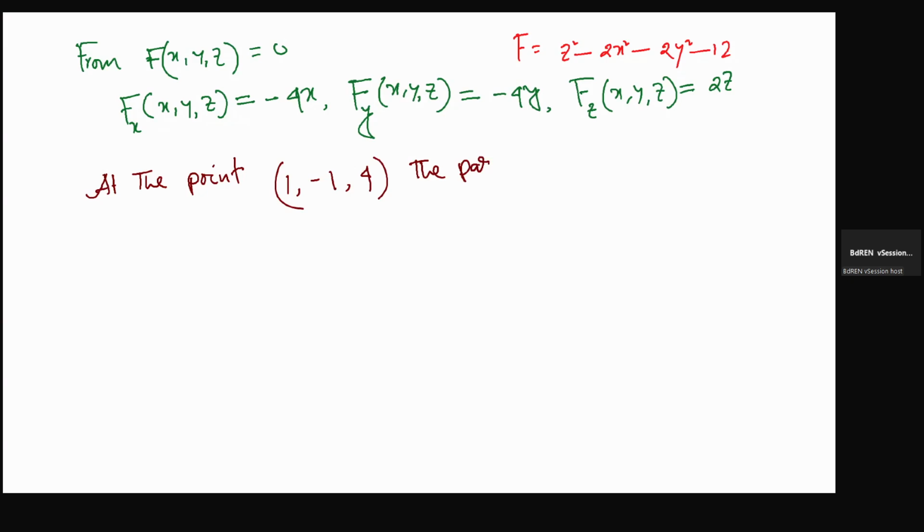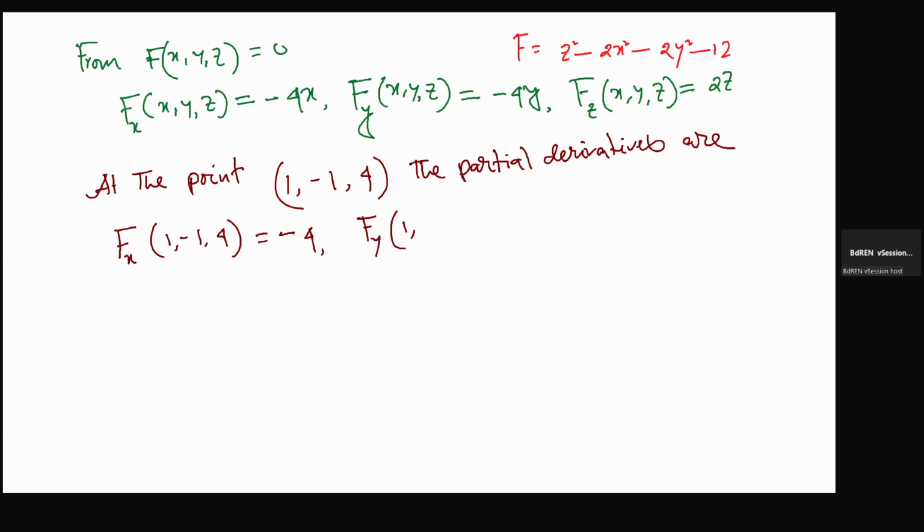The partial derivatives are: f_x at (1, -1, 4), it was minus 4x, so it should be minus 4. f_y at (1, -1, 4), it was minus 4y, so it should be 4.